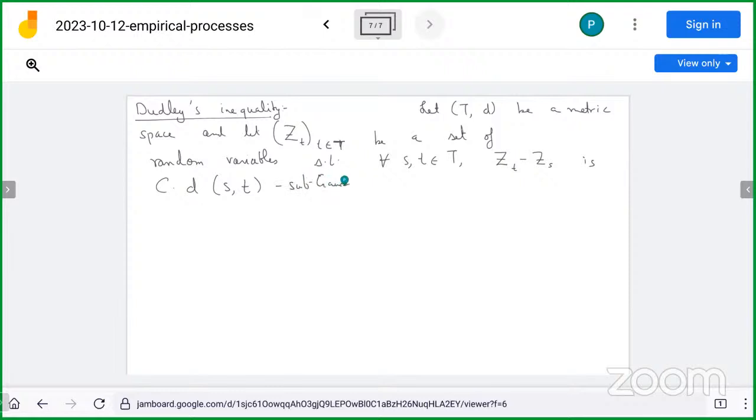That is, probability, let me just write it like this.